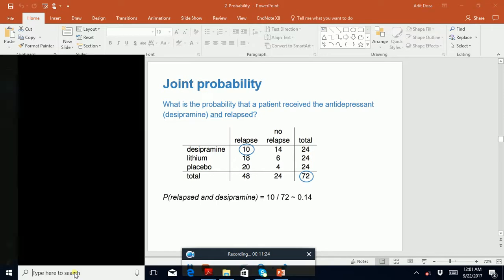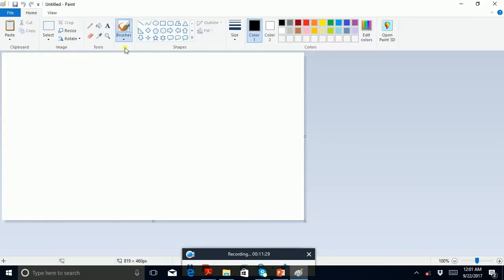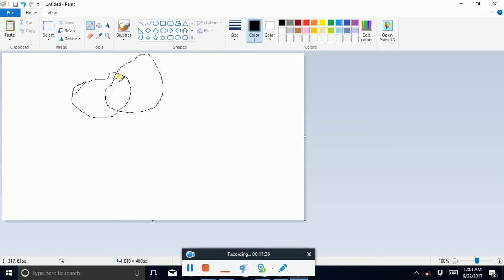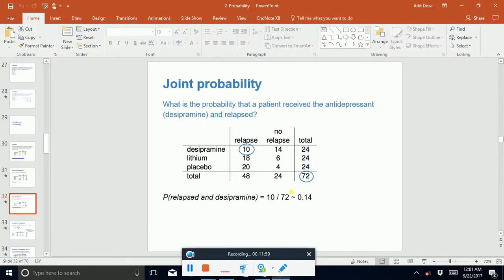So if I go to Paint, okay, whenever it's and, this common overlap area is the and part, right? It's always less. Like I said, I work in the econ department as well as at the Institute of Gerontology, right? So that chance is actually pretty low, right? So that's 10 over 72.